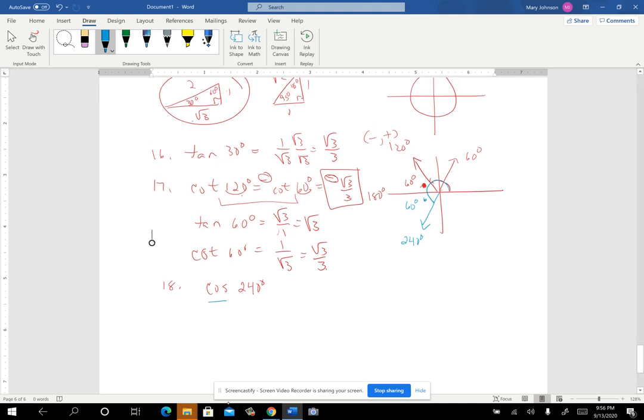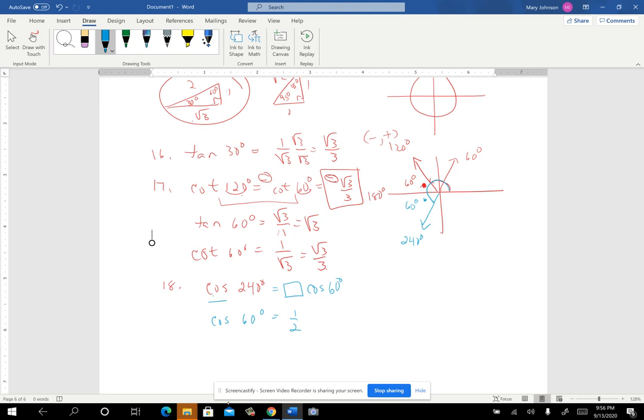Cosine of 60. Here's what your thought process should be. Cosine of 60, go look at the triangle. It would be a half, wouldn't it? So the cosine of 240 should equal basically the cosine of 60, but I have to think about whether I need a negative on that or not.